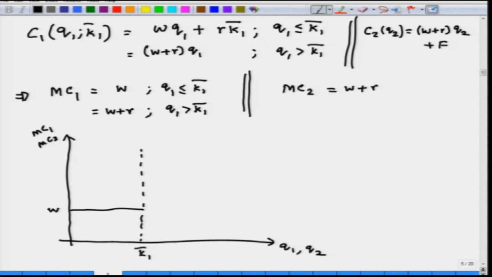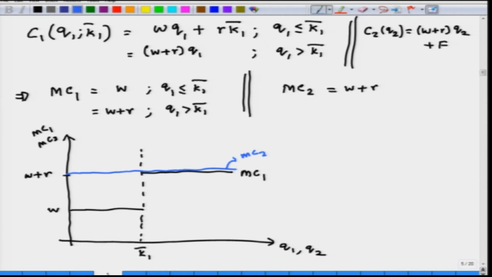For any output larger than K1 bar, firm 1's marginal cost is W plus R. So, this is firm 1's marginal cost, whereas for firm 2, the marginal cost always is W plus R for any level of output. So, this is firm 2's marginal cost.